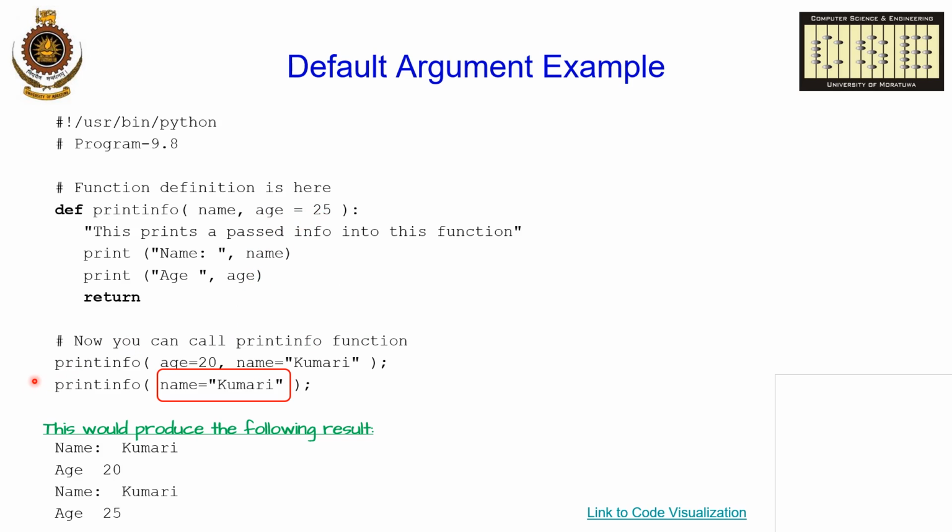That's why when you call it the second time with just the name, we still get the age. There is no error. It doesn't complain that the arguments are fewer than expected, because we have already provided a default value for age, and age is printed as 25. So that's how you use a default argument in your Python functions.